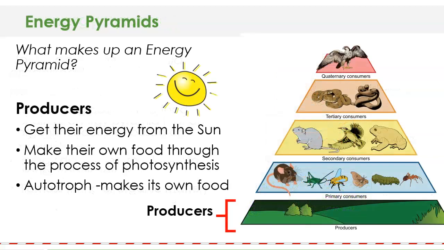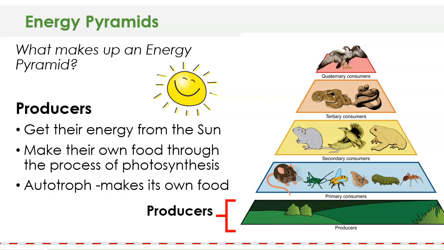All right, let's take a look at the different trophic levels here. The very first trophic level is made up of producers, always. Just like the first step in a food chain is a producer, same with an energy pyramid. They are the ones getting the energy from the sun and making the sun's energy useful to all other organisms in the ecosystem.